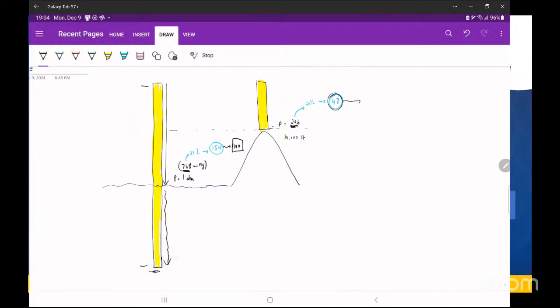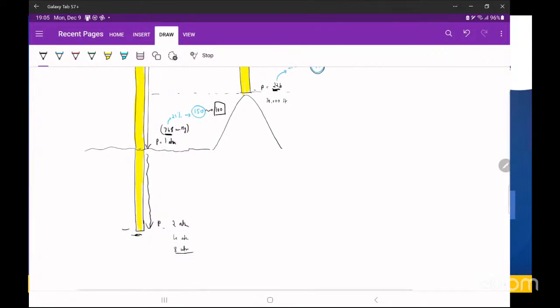So what will happen to the pressure at this point? Pressure will be so much greater. Let's say it's 2 atmospheres. As they keep going down, it becomes 4 atmospheres, 5, 6, 8 atmospheres and so on at some point. So here the problem is high partial pressure.